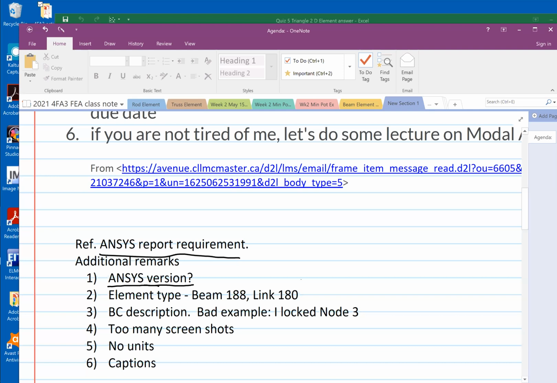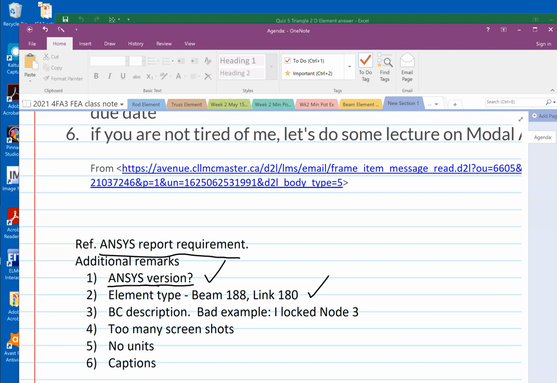Okay. Second feedback. Not too many people, I would say half of you, did it. But not too many people mentioned the element type that you use. In all the theory, we select the type of elements that you use to resolve your problem, right? When you see a beam, you select the beam element matrix.